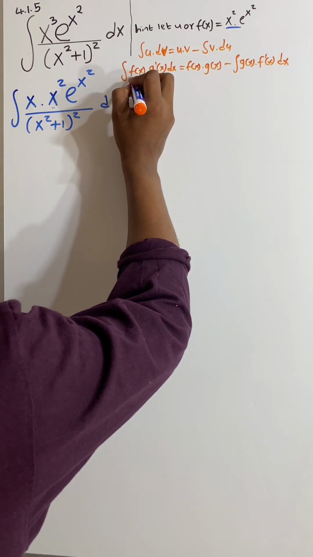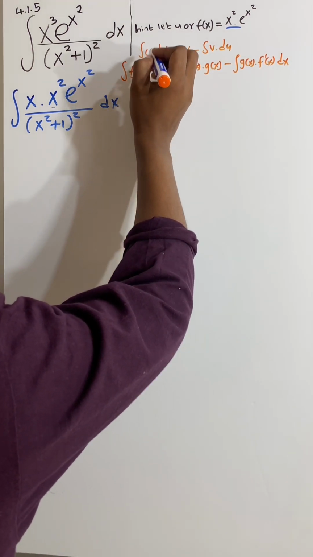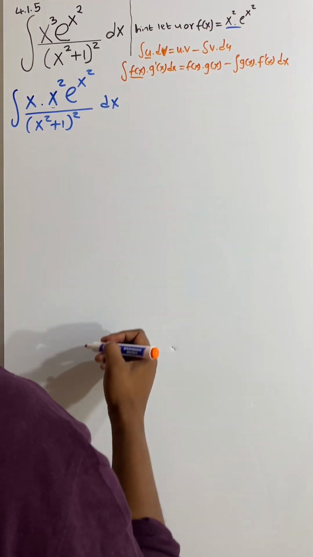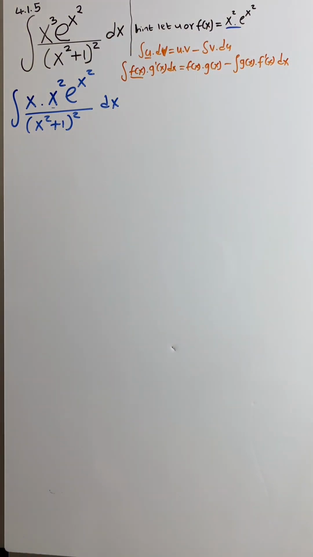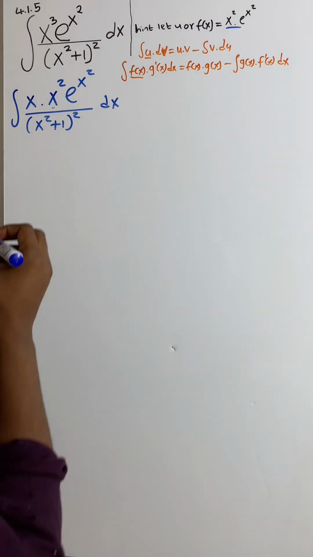So we have to let f of x, or that u if you're using that formula, equal x squared multiplied by e to the power x squared.